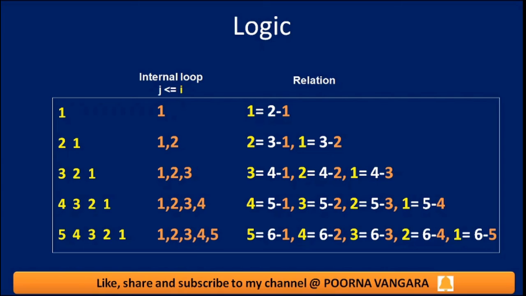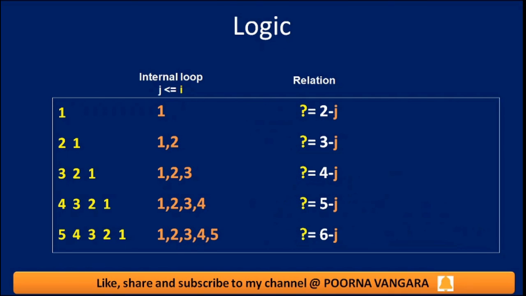So like this. Now please look at the relation in each line. In the first line I am subtracting j from 2. In the second line I am subtracting j from 3. In the third, from 4. In the fourth, from 5. And in the last line I am subtracting j from 6. That means this is the question mark.